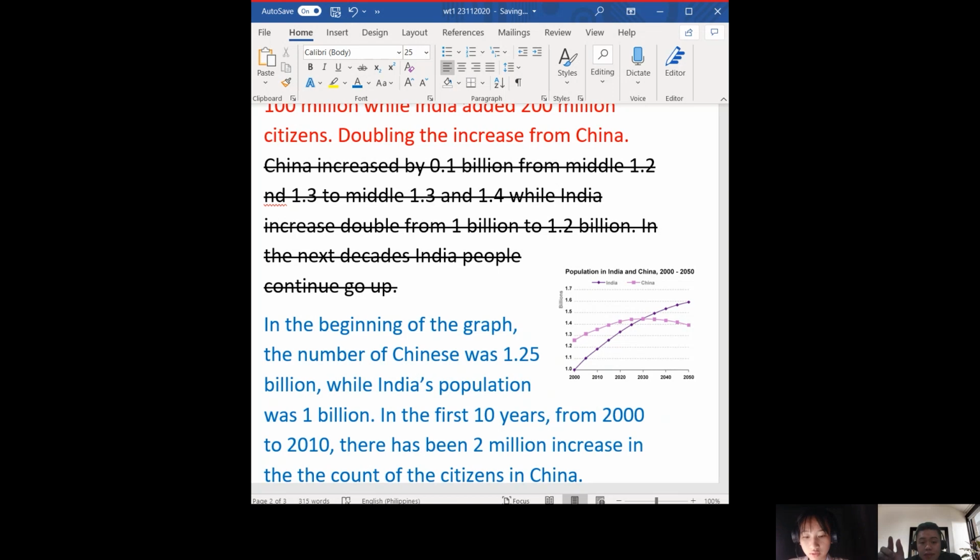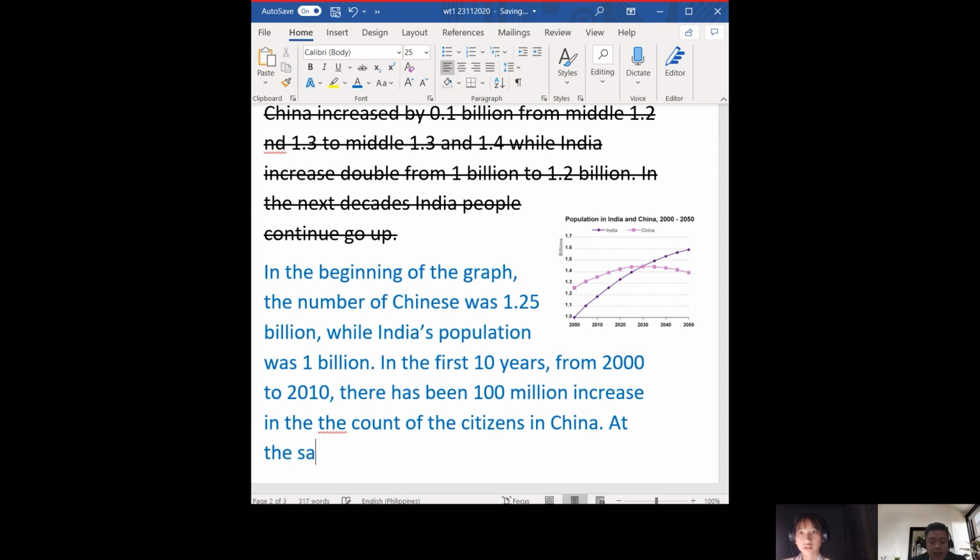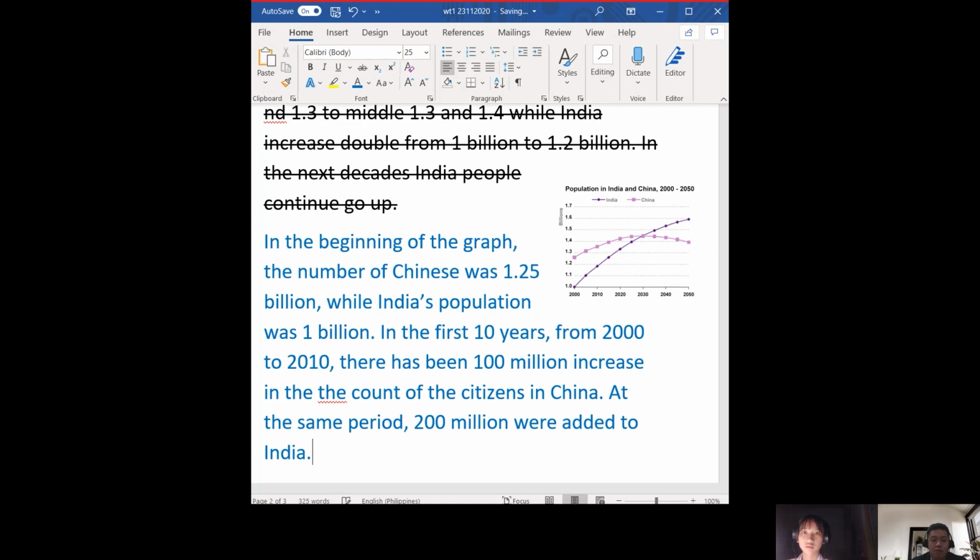India is 200 million. At the same period, 200 million were added to India.